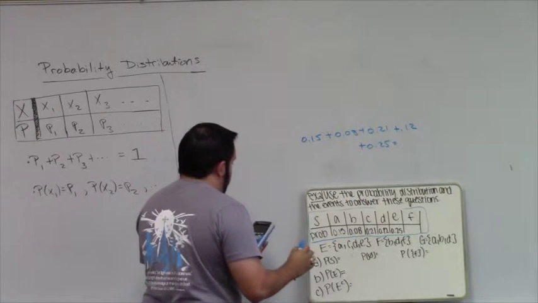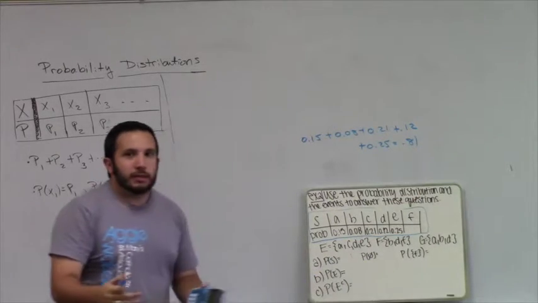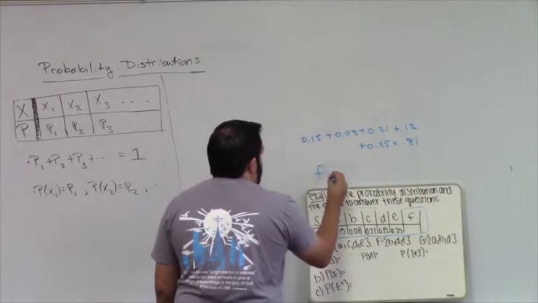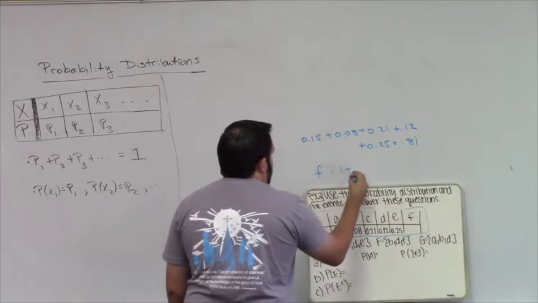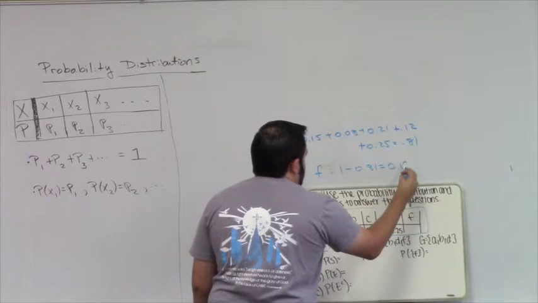We get 0.81. Notice how it does not add up to 1. So what should I put in here? The probability of F would just be 1 minus 0.81, which is 0.19.